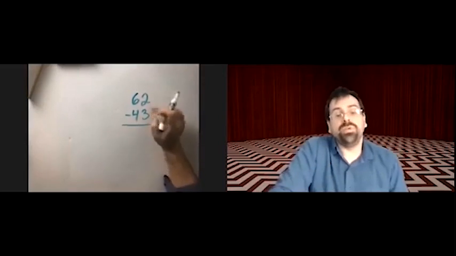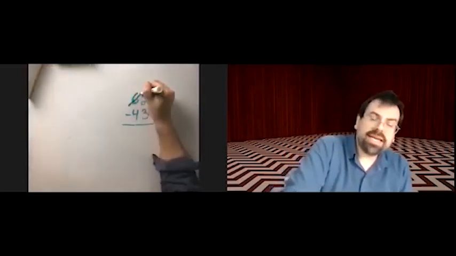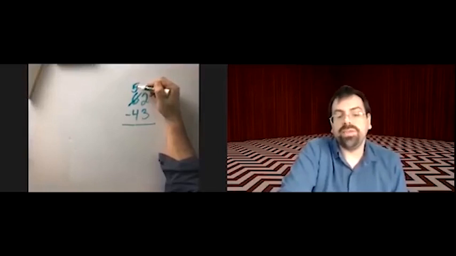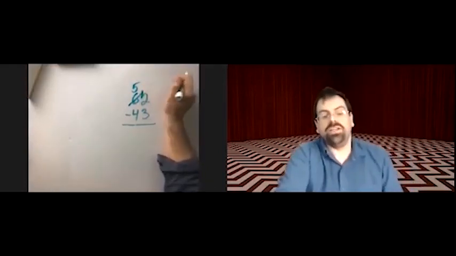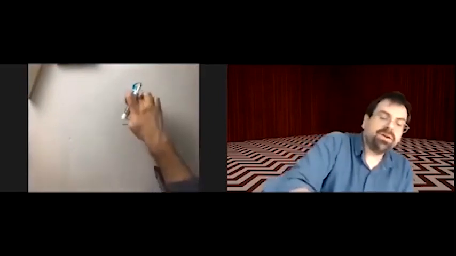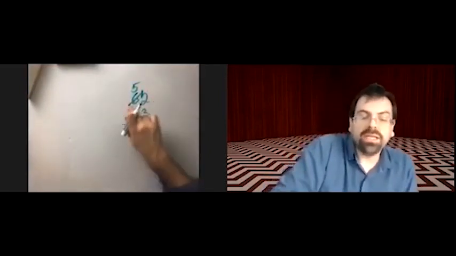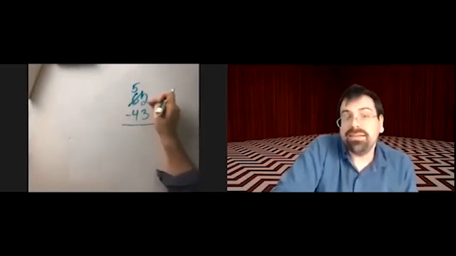So what we're going to do is we're going to borrow from the 6. We're going to strike down the 6 to a 5. And what are we going to do with this extra 1? We're going to shove it onto the 2. So the 6 goes down to a 5 and the 2 becomes a 12. We lost 1 ten here and we added a 10 to the 2.